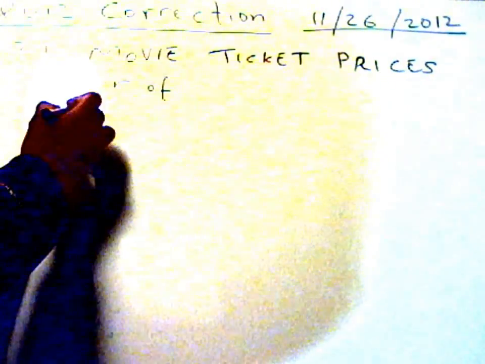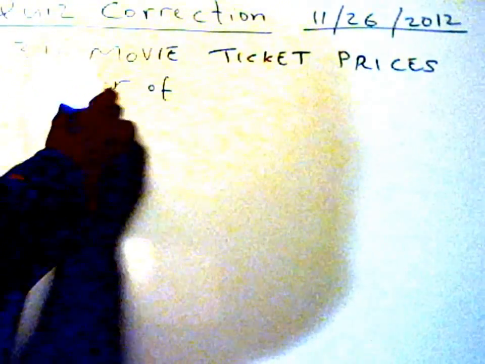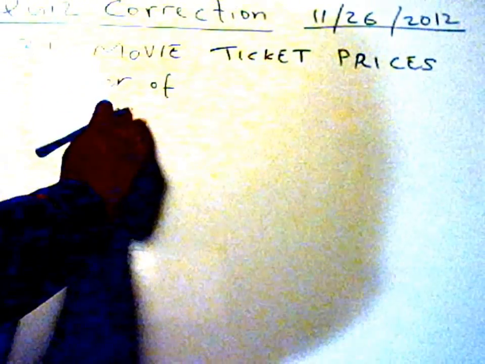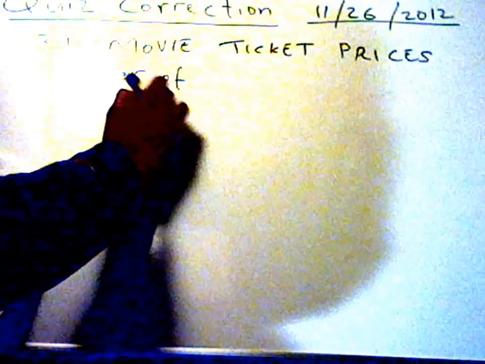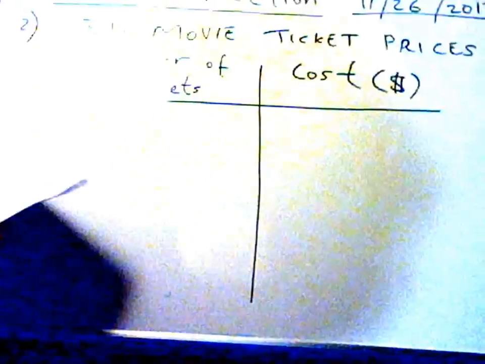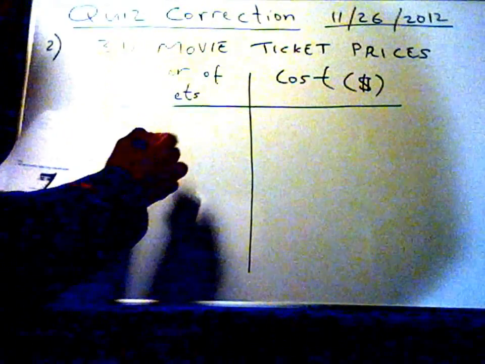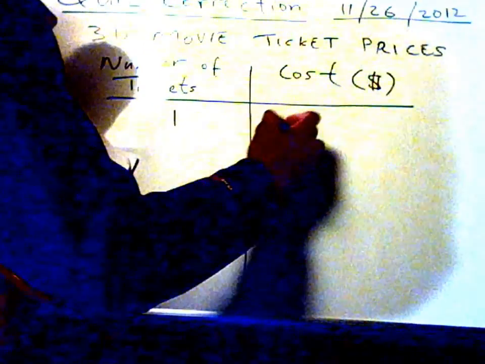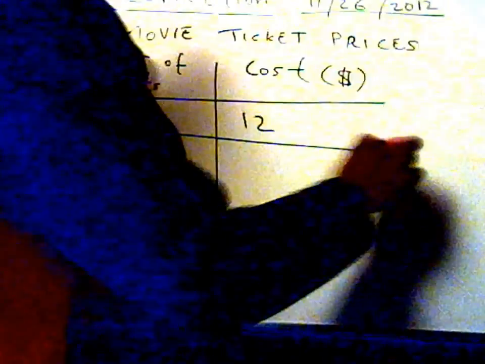of tickets in the left column, and we have a cost in dollars in the right column. Okay, and you are given that one ticket costs $12.